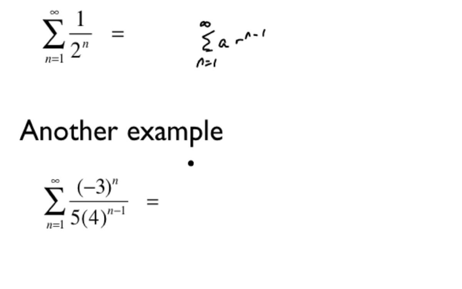We need to be good at our algebra and good at our exponents to massage this so that it looks like A R to the n minus 1. Okay, so what do I want to do first?